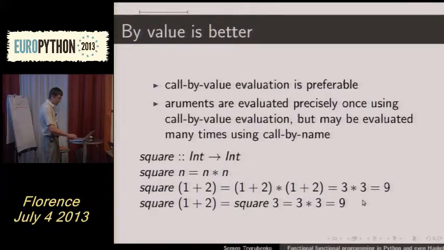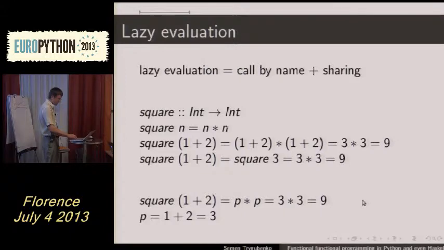Then we multiply them together to get the final value. So Haskell tried to get the best of both worlds, and so they introduced this concept called sharing into the language, where instead of passing by value, they choose to pass by name. But instead of passing the arguments twice, they pass a promise to evaluate the argument at a point in time.